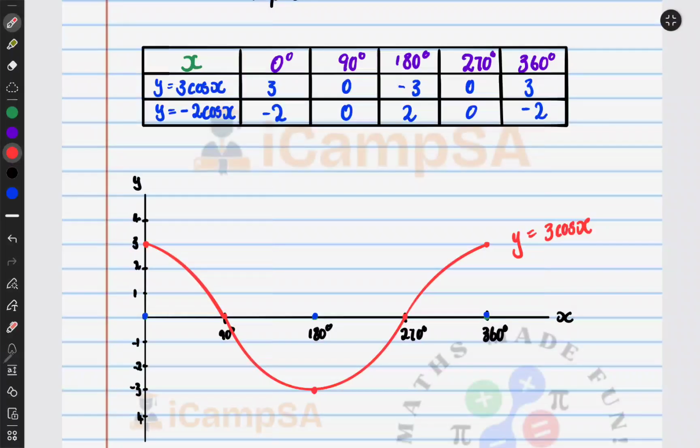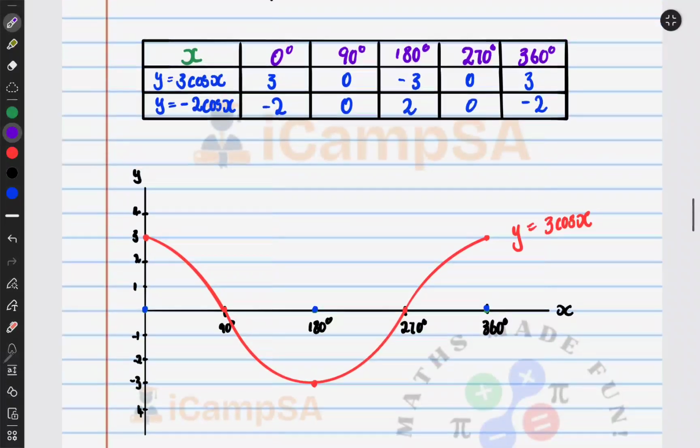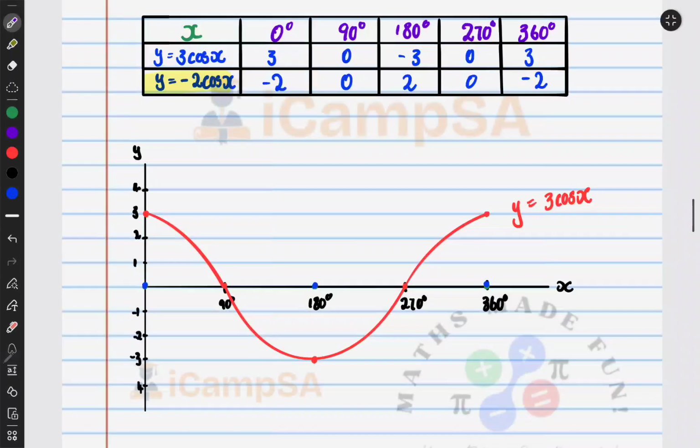And then let's do the other one of y is equal to -2 cos x. The second function is the one we are plotting now. At 0 degrees we have -2. At 90 degrees we have 0. At 180 we have +2. At 270 we have 0.